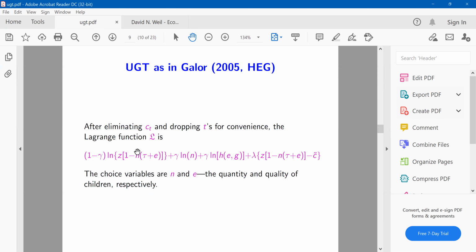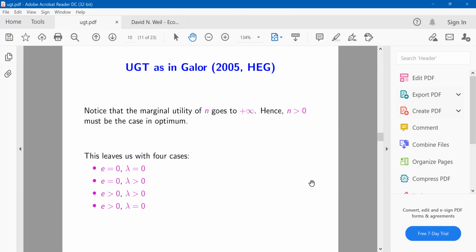So the problem becomes choosing fertility and education. In other words, quantity and quality of children, right? And this is the budget constraint. Sorry, the budget constraint is here, and this is the subsistence constraint, right? So there are different regimes, obviously.